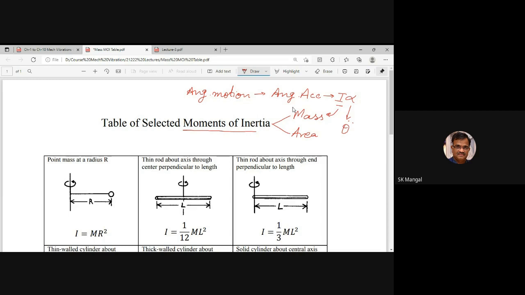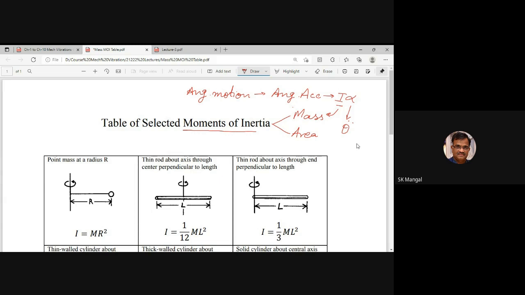So here I am discussing the mass moment of inertia of the regular bodies, which will be used to analyze a mathematical model of a machine tool or machines. The first one is a point.